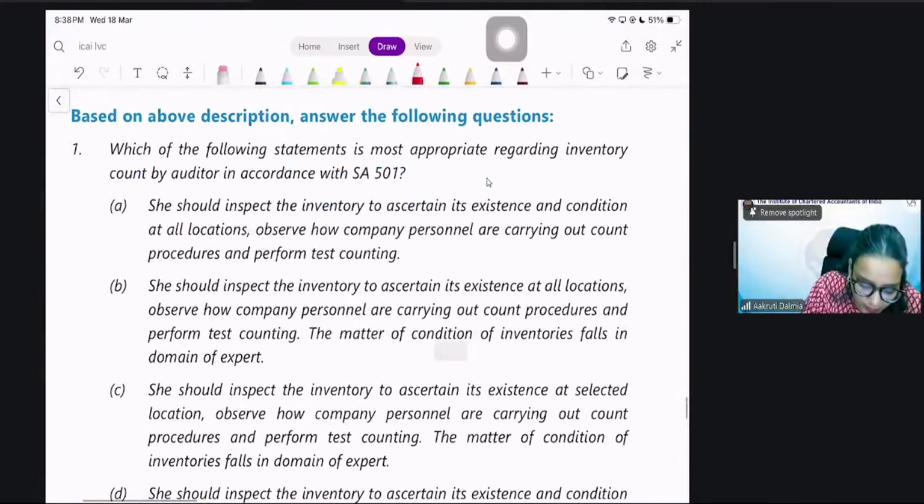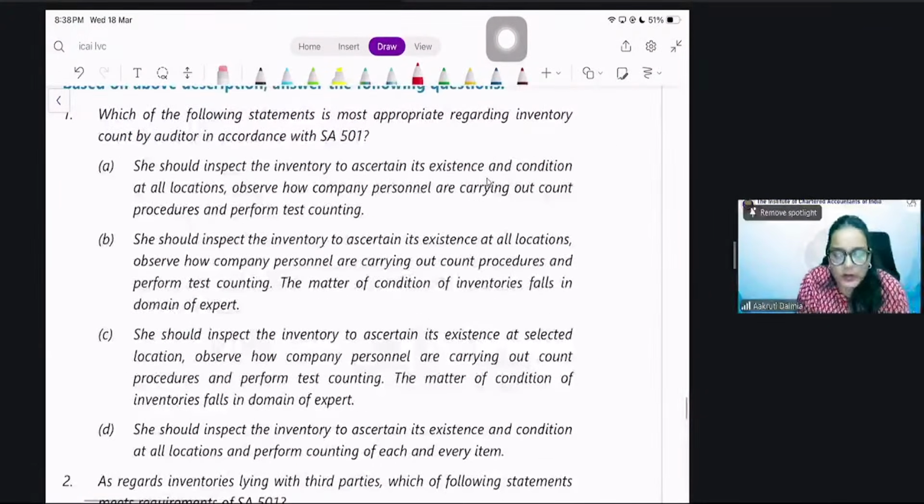Now, based on the above, which of the following statements is most appropriate regarding inventory count? A: She should inspect the inventory to ascertain its existence and condition at all locations, observe how the company personnel are carrying out count procedures, and perform test counting. B: She should inspect the inventory to ascertain its existence at all locations, observe how company personnel are carrying out count procedures, and perform test counting.